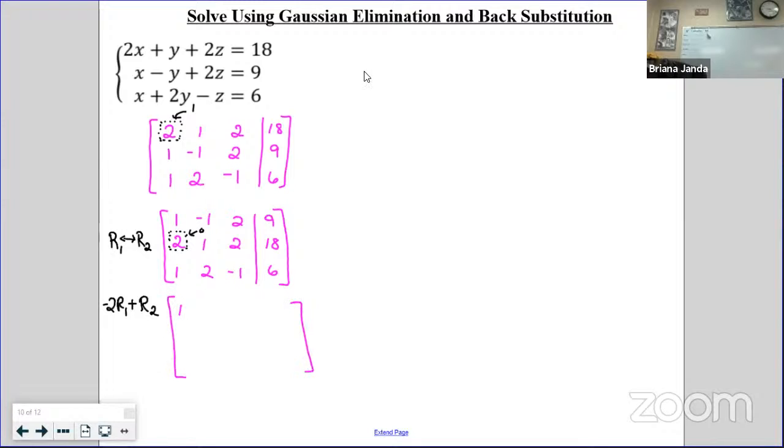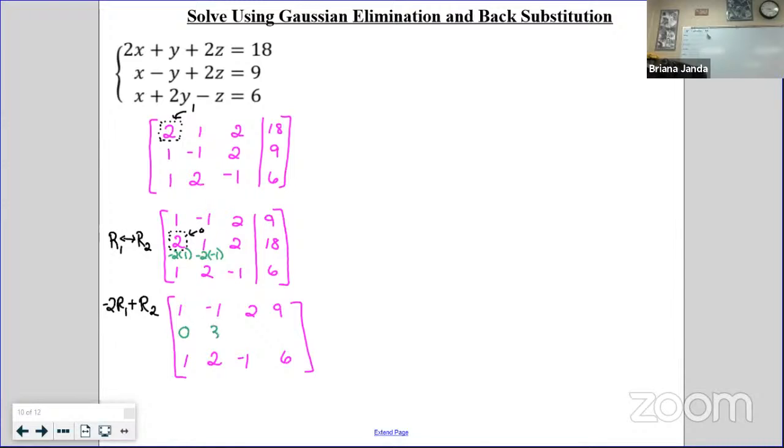So row 1 and row 3 are not changing. Row 2 is going to change. I'm going to take negative 2 times 1 and add it to the 2 that's there. 2 plus negative 2 is 0. Take negative 2 times negative 1 and add it to the number that's there. Negative 2 times negative 1 is 2.